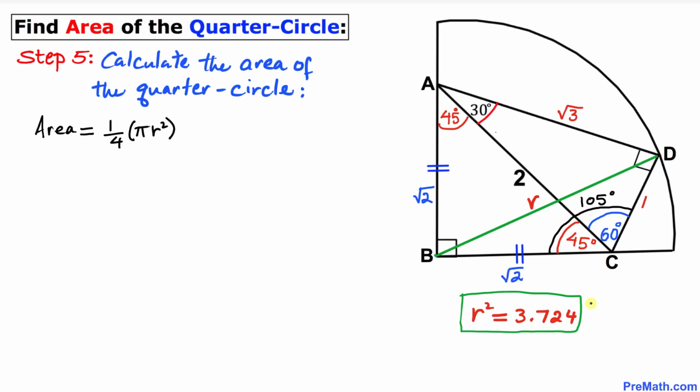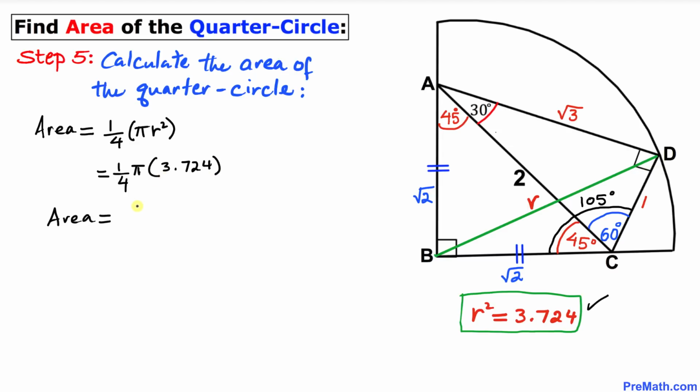In our case, r squared is 3.724. Let's fill in the blanks. So we get 1/4 times pi times 3.724.